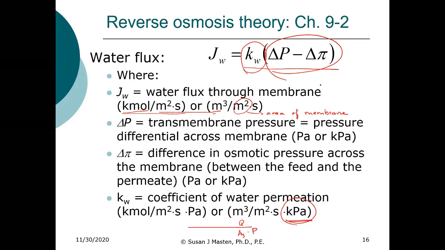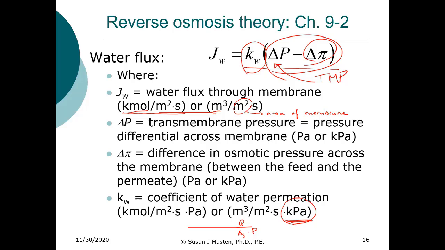And that flux is dependent on what we refer to as the transmembrane pressure. That's the pressure difference across the membrane surface. This is transmembrane pressure. And this is the difference in the osmotic pressure across the membrane surface.